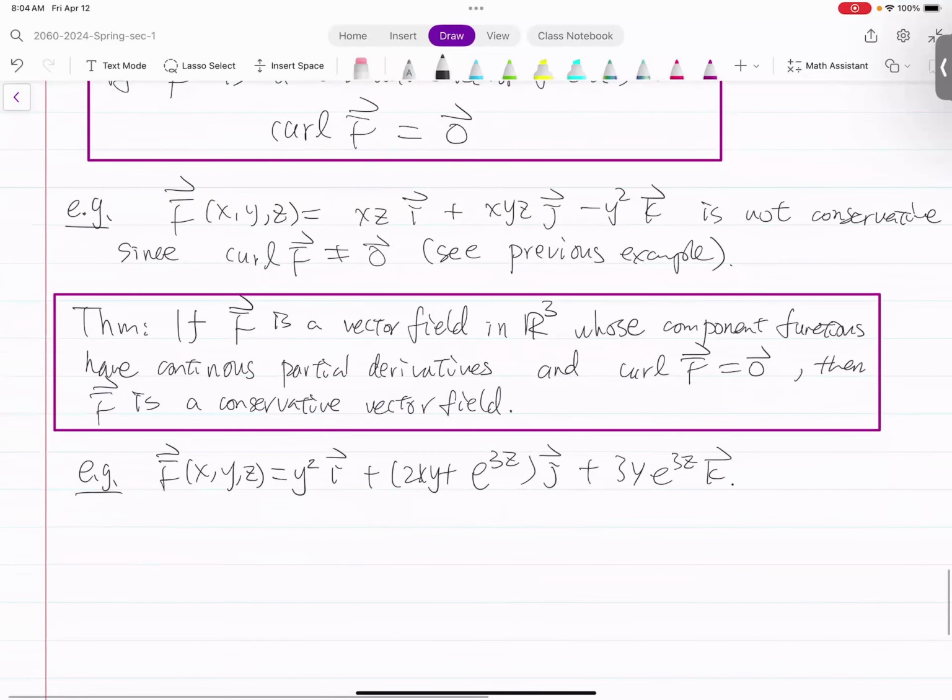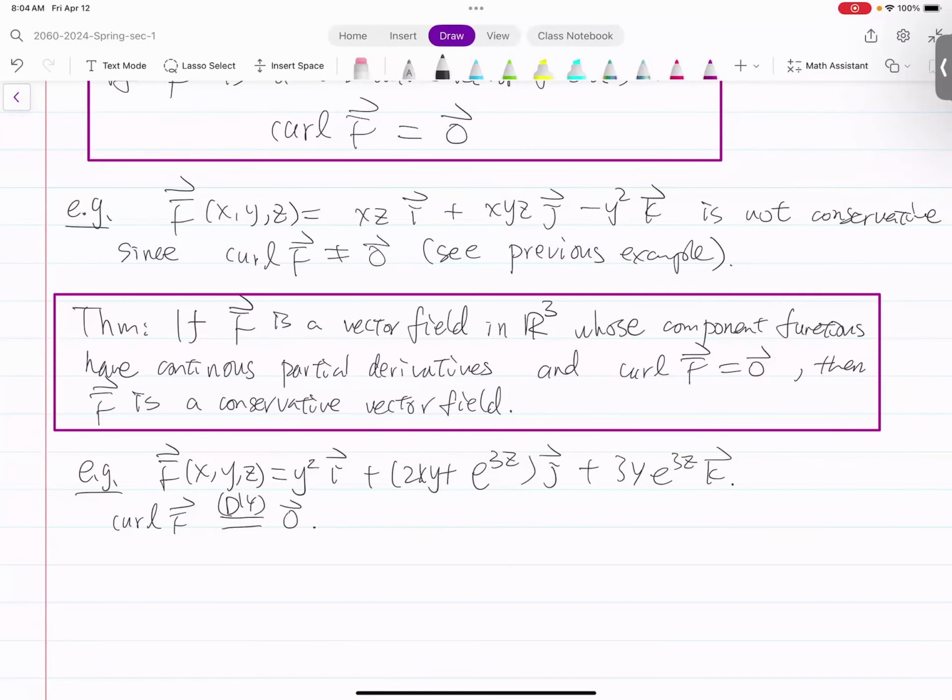Here, I just want to mention that the curl of this vector field, you can verify that it equals to zero vector. Okay, so make sure to do this computation for the curl of this vector field.